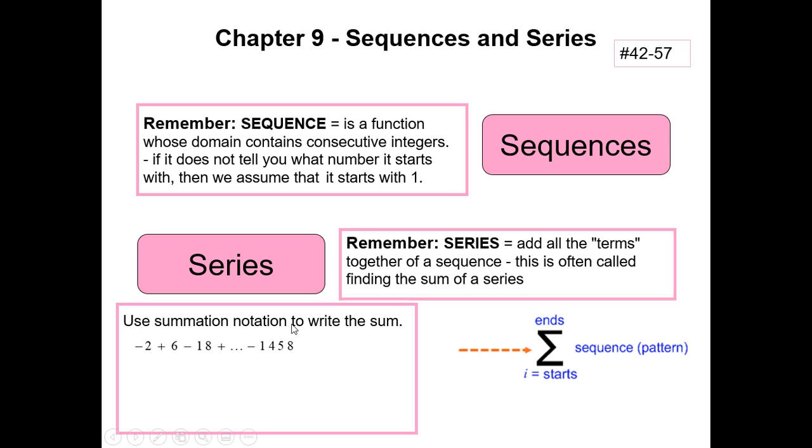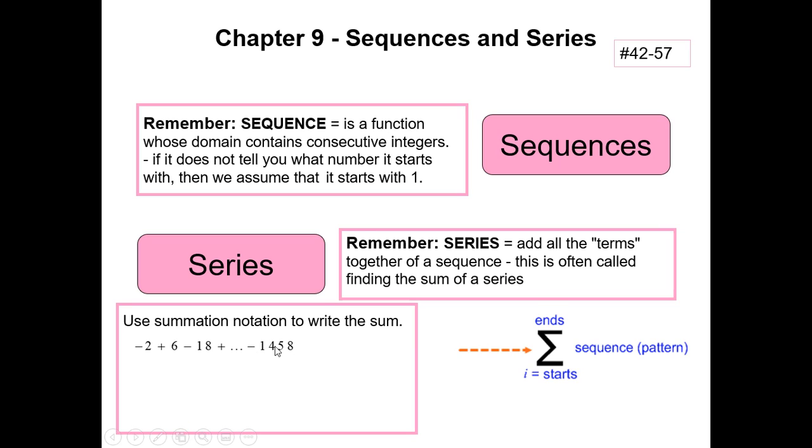So use summation notation to write this sum: negative 2 plus 6 minus 18 plus ... all the way up to negative 1458. Well, it looks like our initial term is negative 2, and it looks like we have a ratio of negative 3 between terms.